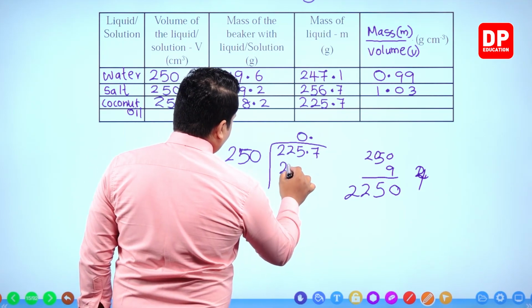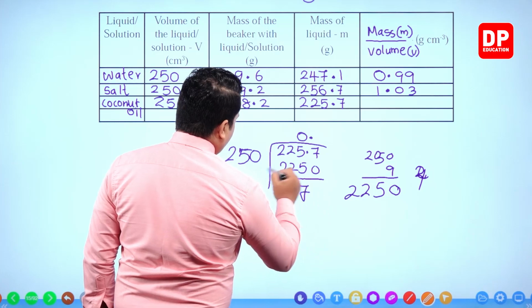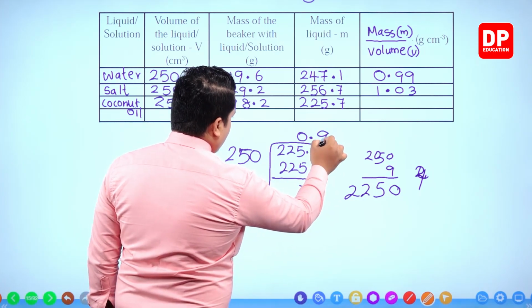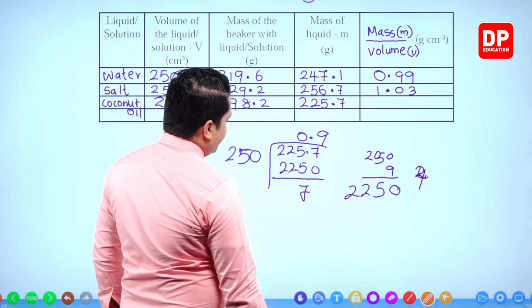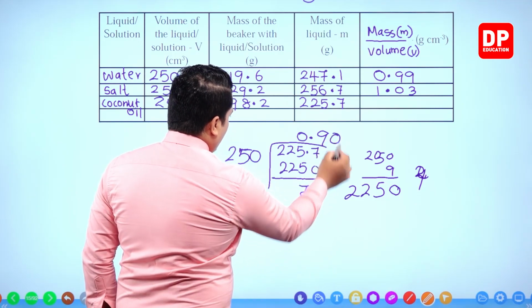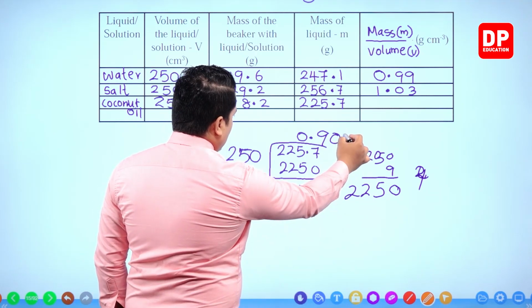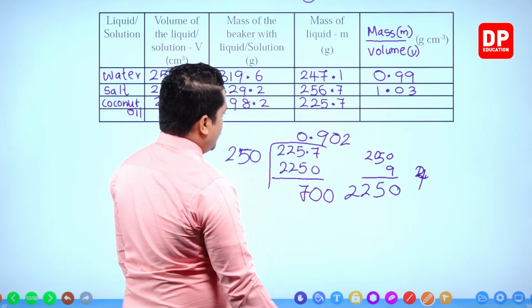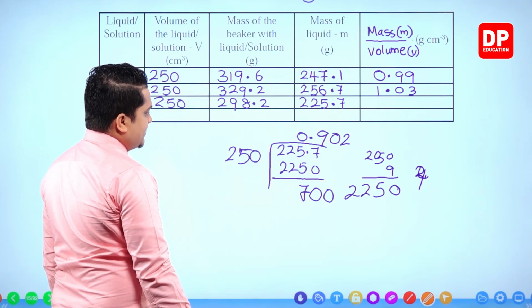2250. 7 is the remainder, 9. For 70, no. For 700, there is 2, right? So once again, we'll recheck.